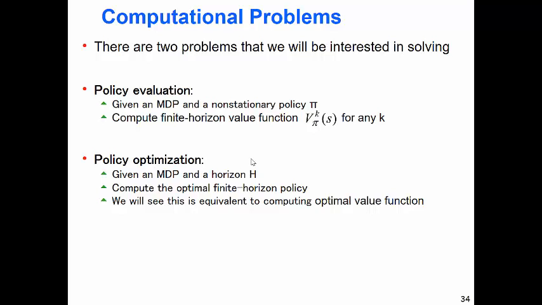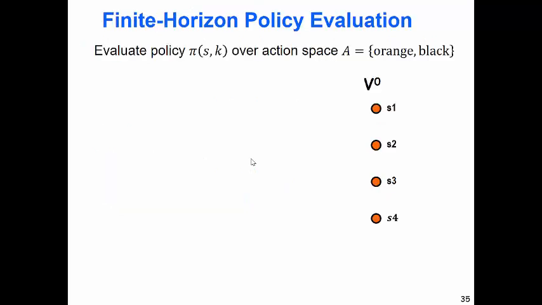And you would compute the value function for all times to live k up to the horizon. So that just tells us how good a policy is, which is useful, but we're often going to be more interested in policy optimization, which is the second problem. And this problem says that we want to learn the optimal policy, which we'll see is equivalent to computing the optimal value function for a particular horizon.